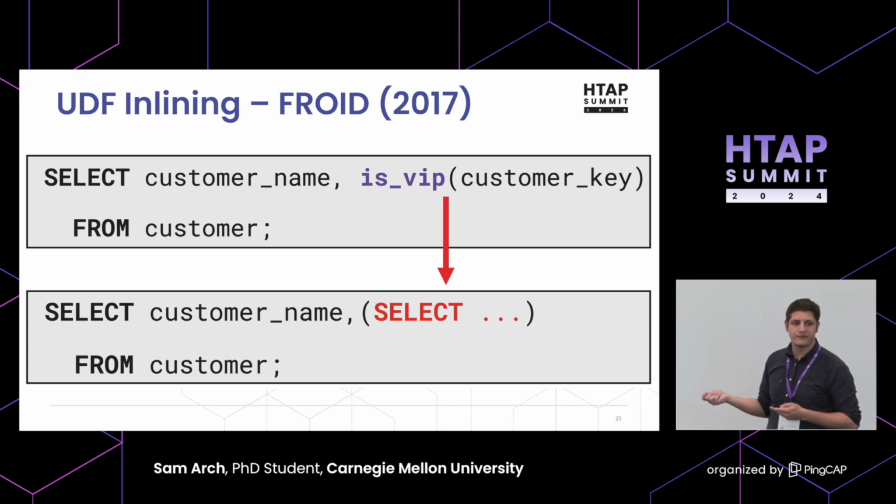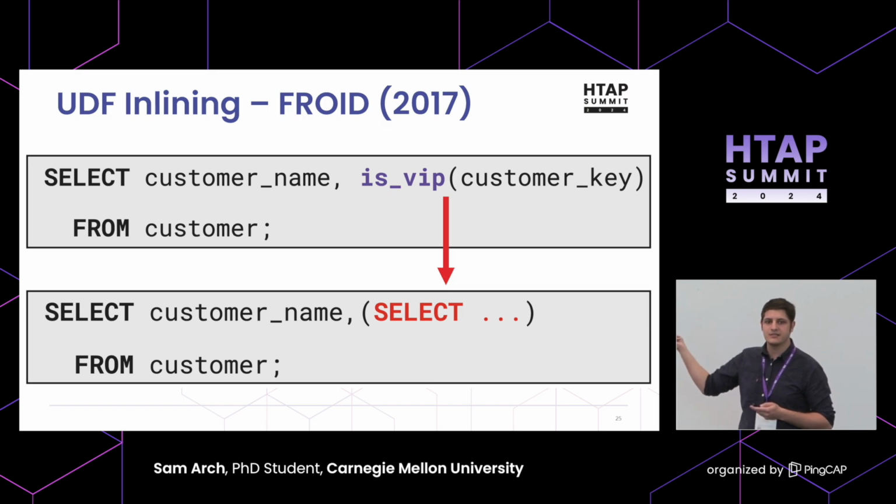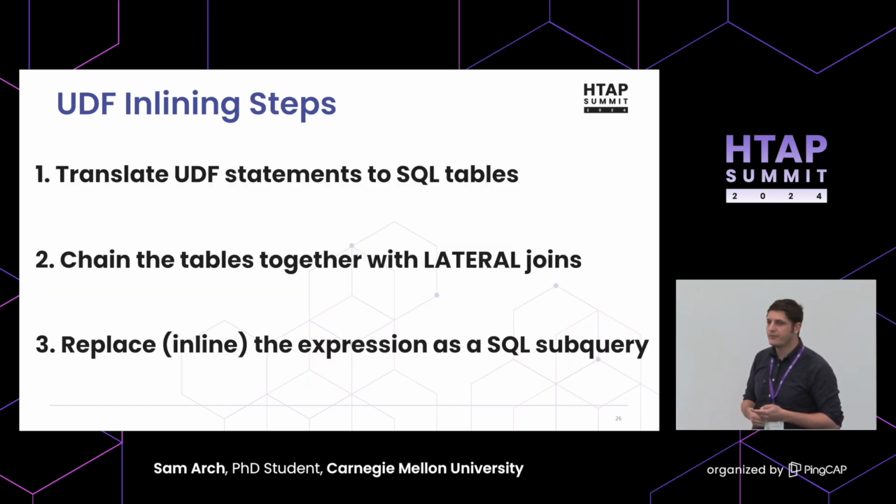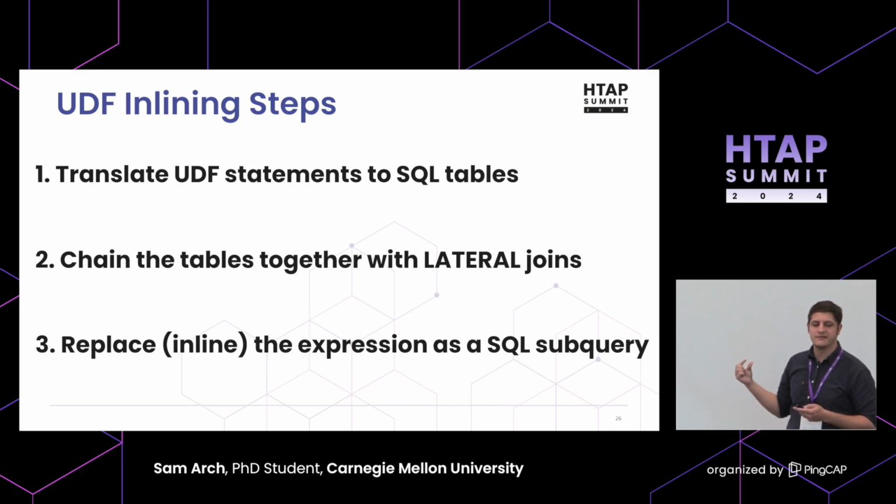So the key idea of Froid, or UDF inlining in general, is if you can somehow translate this UDF into an equivalent SQL subquery, then the database system will know how to optimize it because it's just pure SQL, and you can get really good performance. The way that UDF inlining works is done in 3 key steps. The first step, you translate each of the statements or lines of code in the UDF to SQL tables.